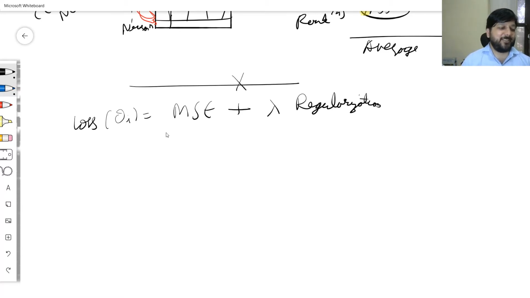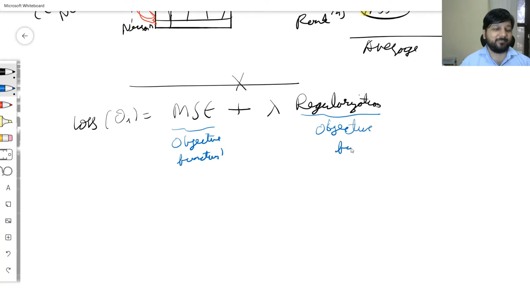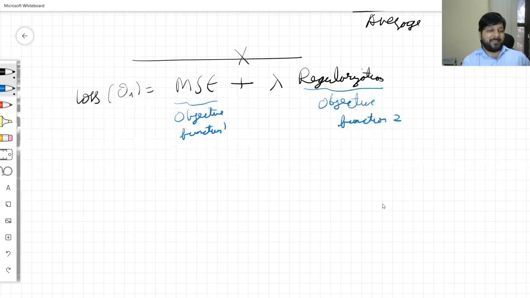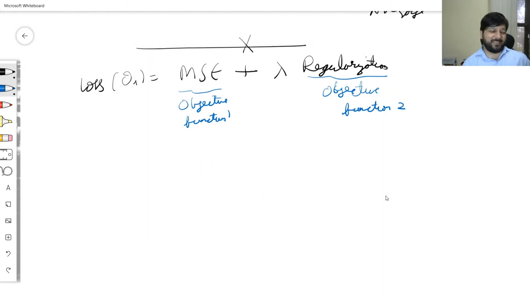First objective function, second objective function. So what I told you not to do, I've done exactly the same thing. And because of that, it is potentially a bad idea.